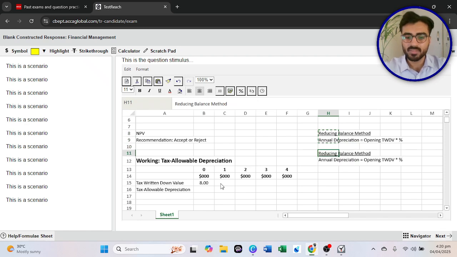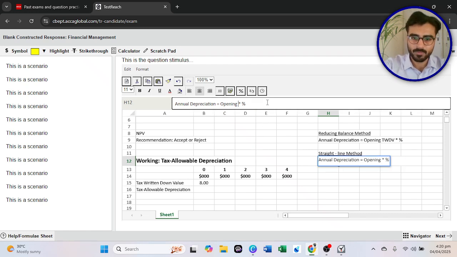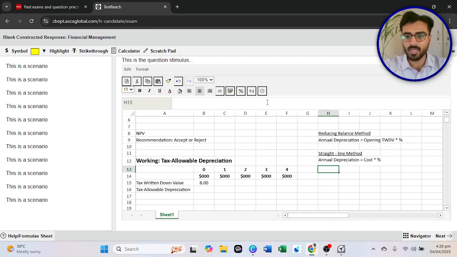If the straight line method is being used, then the annual depreciation is equal to cost multiplied by the depreciation percentage.